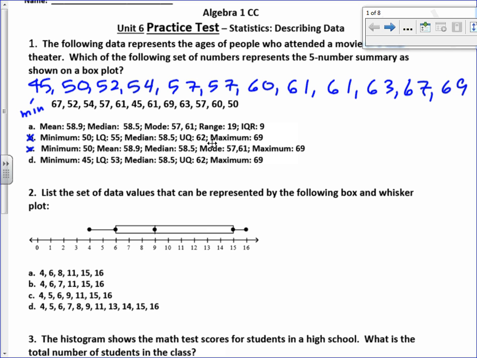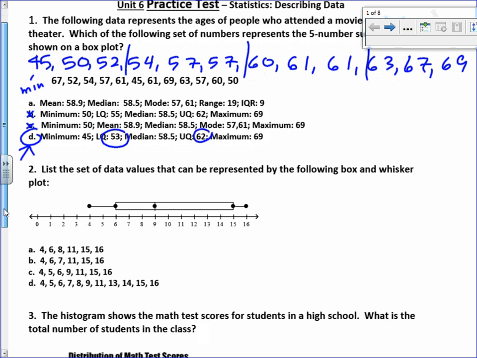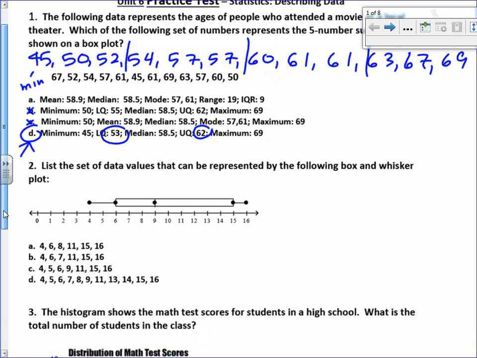So 1, 2, 3, 4, 5, 6. So 1, 2, 3. So what's the lower quartile? 53. The upper quartile, 1, 2, 3, is 62. Okay, so this is the answer D. All right. So it was a little tricky because A had some different information in there.